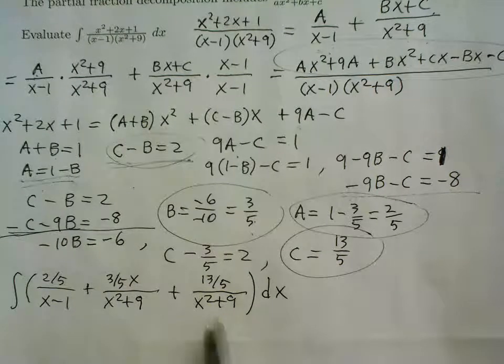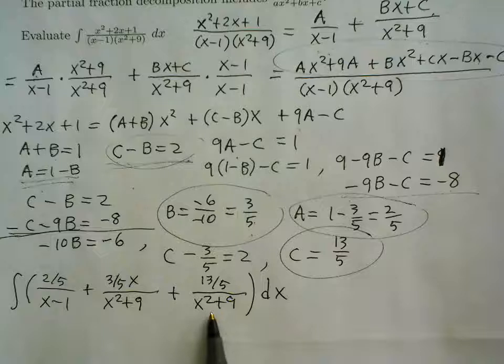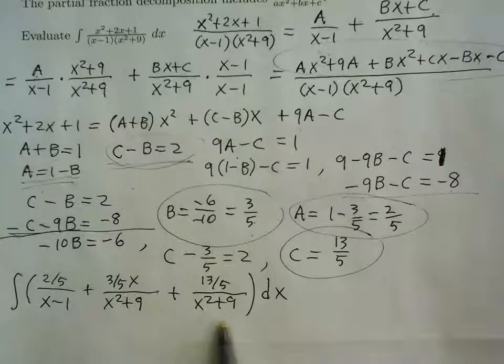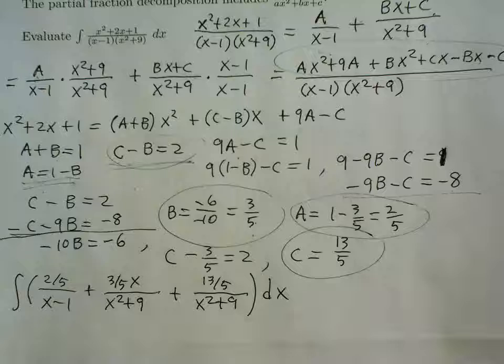And then the third term on the right will involve inverse tangent, so you can use a trig substitution. You can assign x to be 3 times tangent of theta, and then go through the process of integrating that. Do you have any questions on how to proceed with that one?